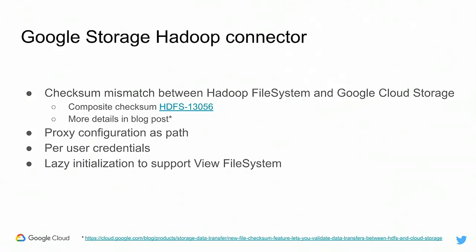So if you run a DistCp job, even though the data is copied successfully, it will check the checksum and say there is corruption, delete everything, and then rerun the job again. When we talked with the Google engineers, they identified this and made changes to the Hadoop code itself to provide a flexible checksum option, which is now open source. There is also a blog post about that.